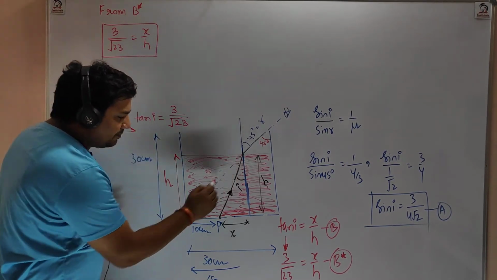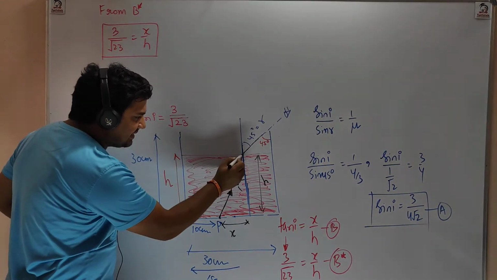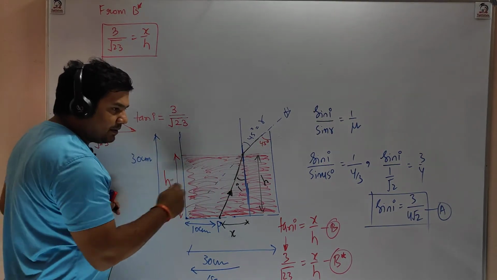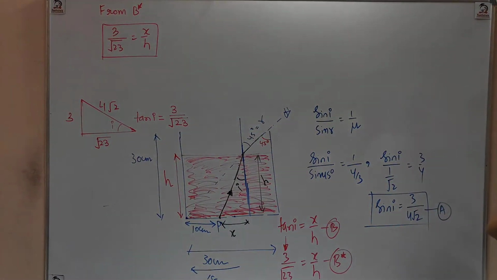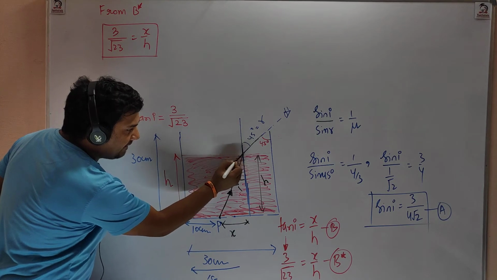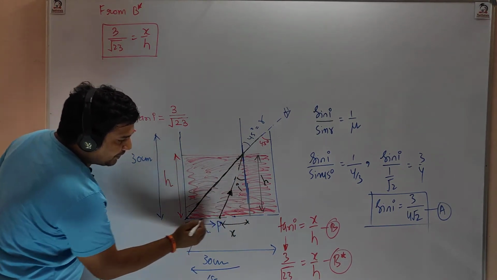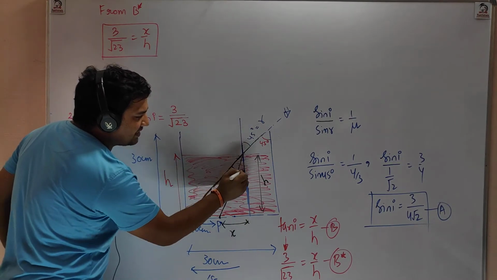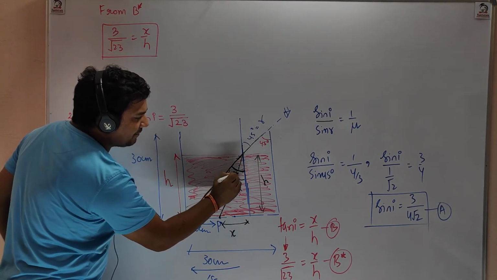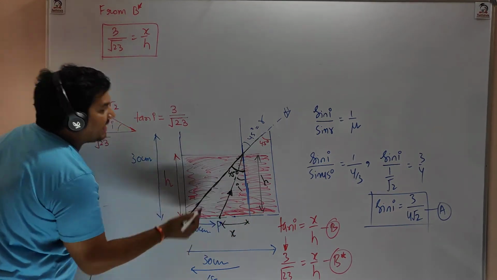Ankita is saying, look at this big triangle. Ankita is saying you can take another triangle like this. We can take this triangle. Look at this triangle. This is 45. What is this complete angle? 45. So x plus 10 by h. See, this complete is x plus 10.